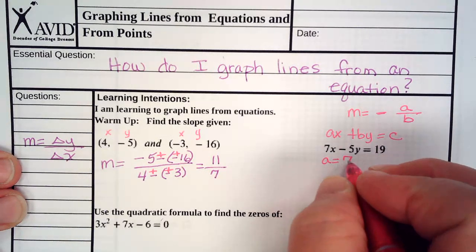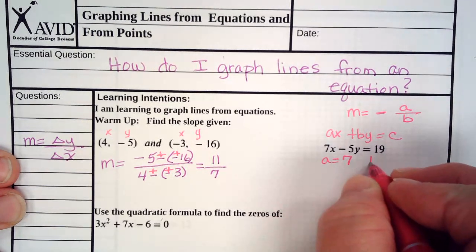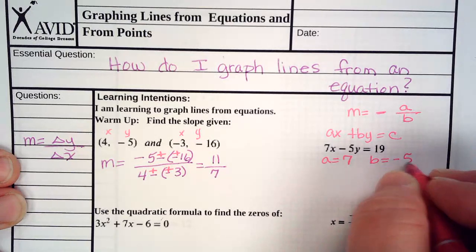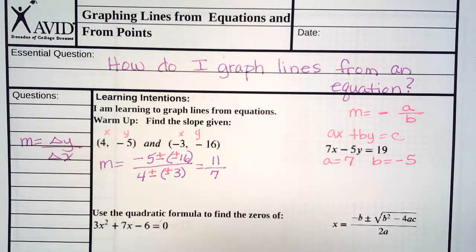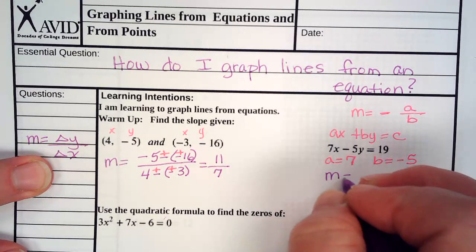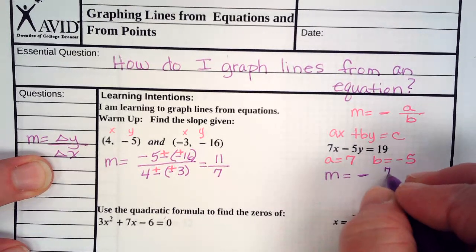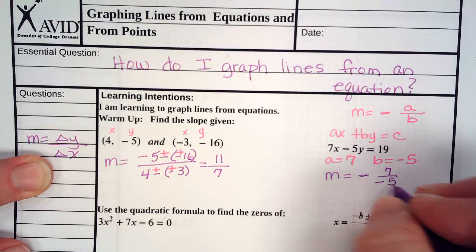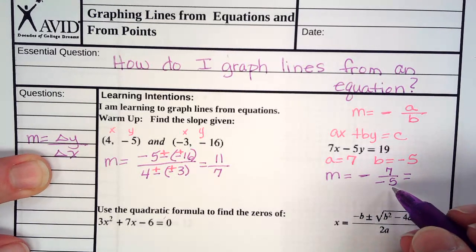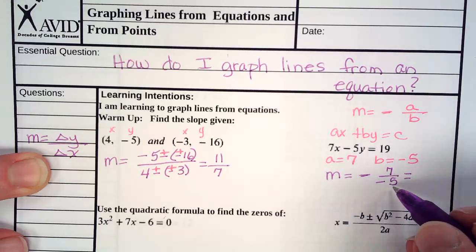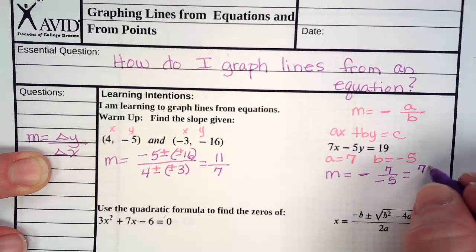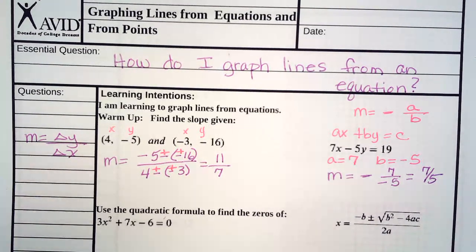A is 7, that's the coefficient of x. B is -5, that's the coefficient of y. The opposite of 7 divided by -5. 7 divided by -5 is -7/5. The opposite of -7/5 is +7/5, and we are done.